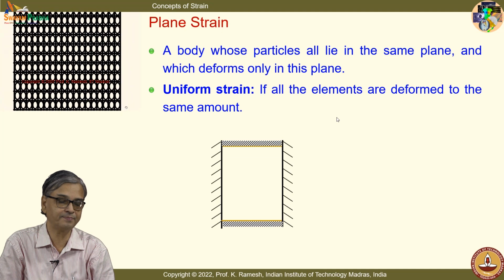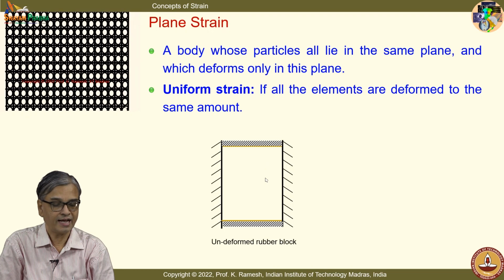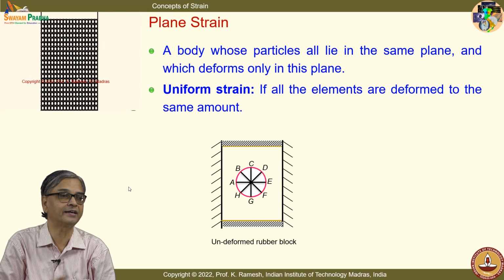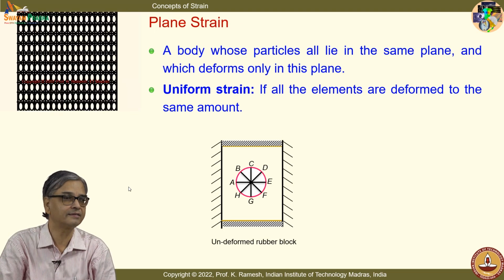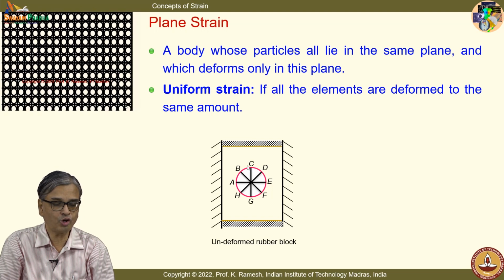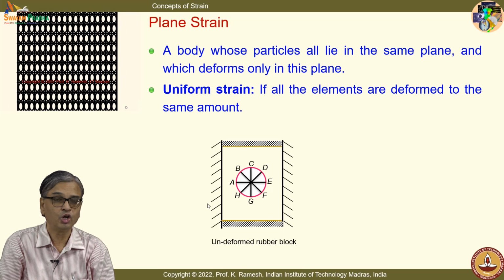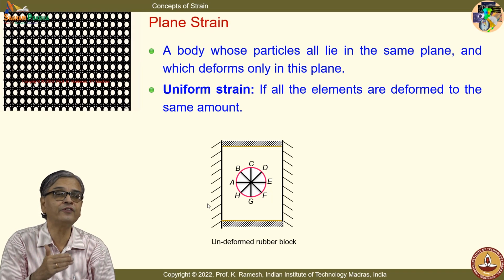So I take a simple example, and then here I have a constraint on either side. I have a rubber block, because that is what you and I can apply load and then see. Now I have drawn a circle, and the circle also has several lines drawn for us to visualize what would happen to this when you apply a uniform deformation.